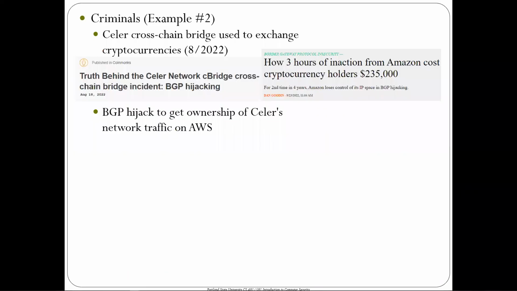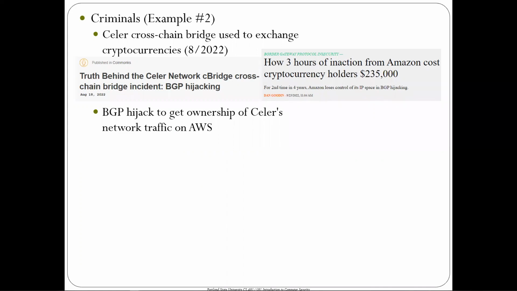Here's another one that came across 2 months ago. This is a cross-chain bridge used to do cryptocurrency, the smart contract. Someone did the exact same thing, a BGP hijack, in order to get access to Seller's network traffic on AWS. They advertised a more specific route to AWS infrastructure that they knew was being used to run the cross-chain exchange.